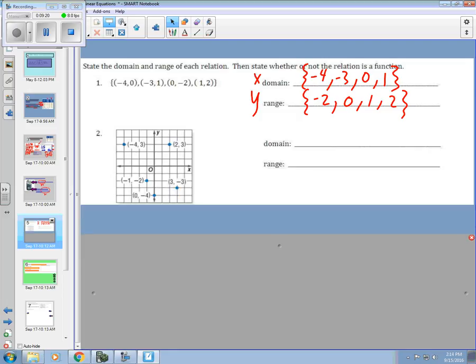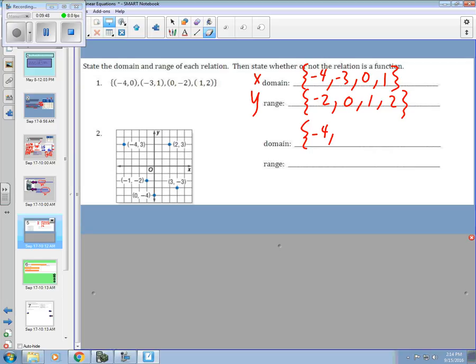On number 2, state the domain and range on this one. Domain here, again, we want to list all the x values. So if you go in order, it looks like the smallest one there is -4. Oh, sorry, no, there is no -3.